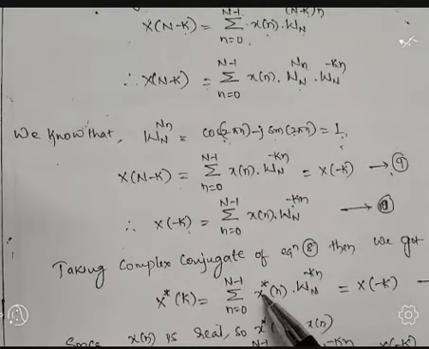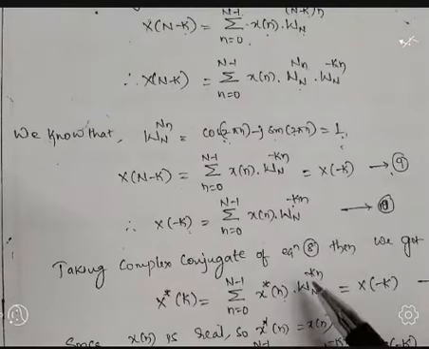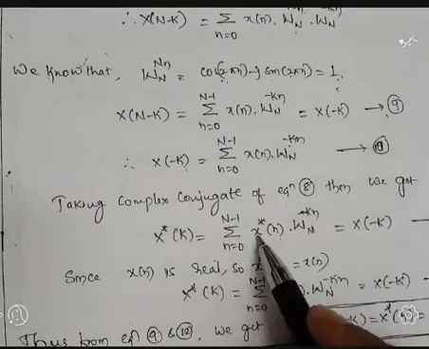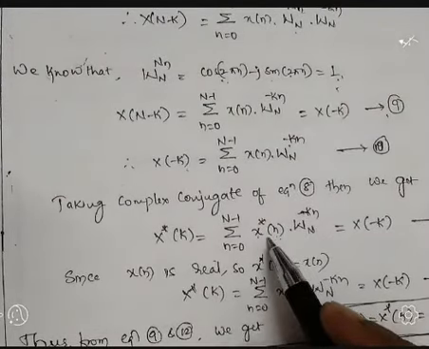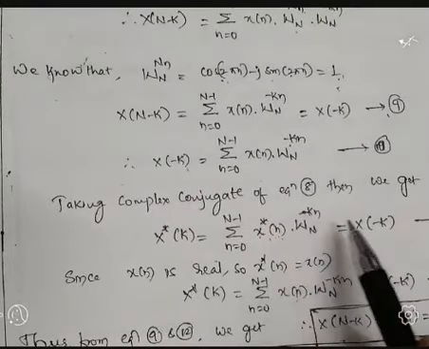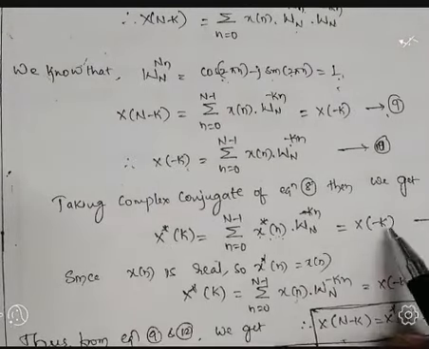Complex conjugate of x of n, W_N to the power plus is replaced by minus. Complex conjugate of x of n is what? It is a real sequence. Once again, we are getting x of n. Now compare. So already we discussed this one. This indicates what? X of minus k. Hence, complex conjugate of X of k equal to X of minus k.